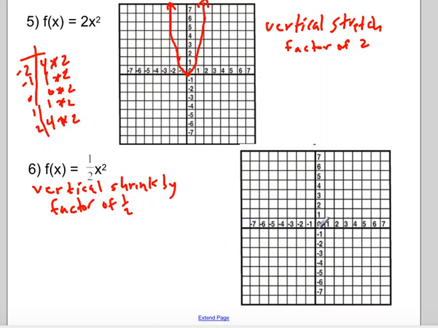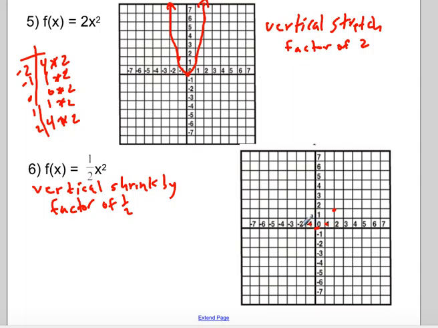All right, so coming over here, 0, 0. And instead of being 1, 1, it's now going to be 1 and then up a half. Instead of being 2, 4, now it's going to be 2, 2 because I'm multiplying my y values there by a half, my original y values from the parent function. Instead of being -1, 1, now it's going to be -1, 1/2.